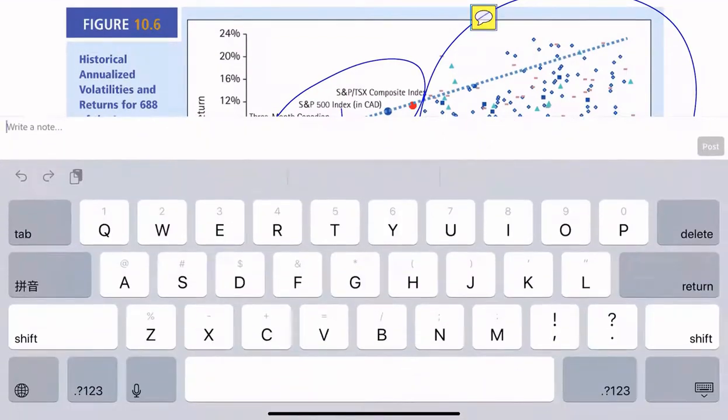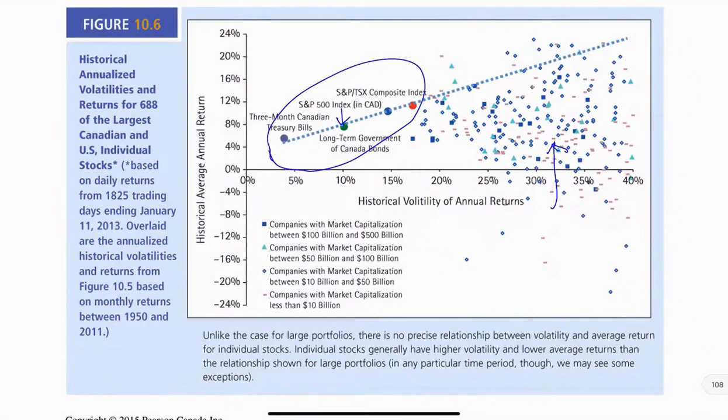This should be obvious, because if you draw a line like this, you can see that all these stocks below this line have higher volatility compared with the S&P 500, and they have lower returns, right?